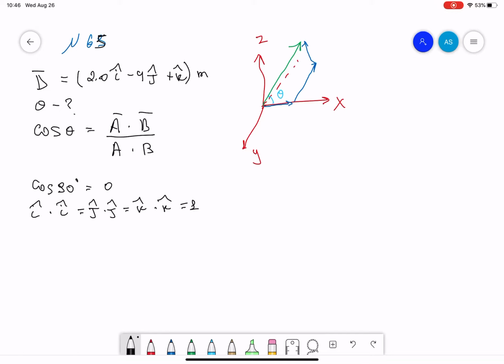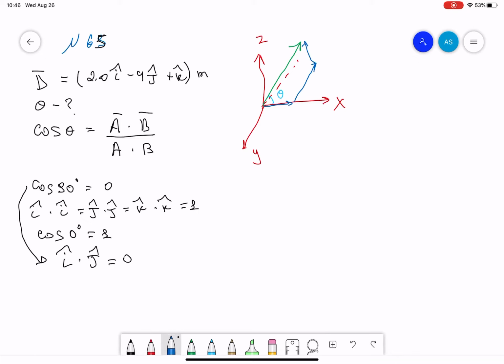That means cosine 0 degrees gives you 1. However, with cosine 90 degrees, i vector dot j vector will give you 0, because the angle between them is 90 degrees. This is clear, I think, for now. So let's solve the problem itself.